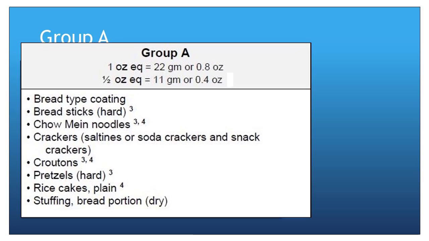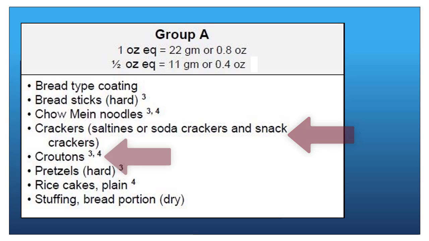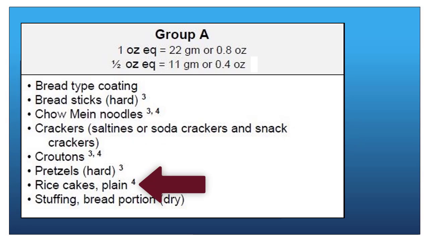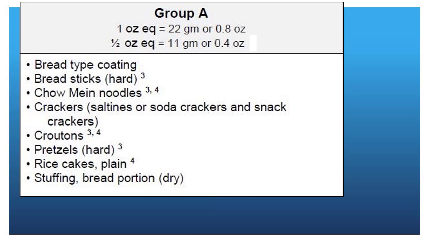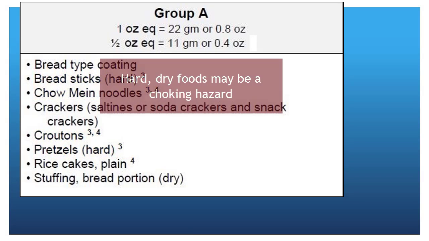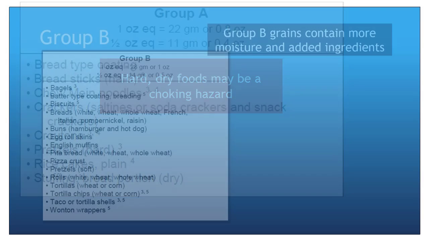The foods in this group include bread-type coating, hard breadsticks, chow mein noodles, saltine, soda and snack crackers, croutons, hard pretzels, plain rice cakes, and the bread portion of dry stuffing. Many of these items have footnote 3, which states that hard, dry foods may be a choking hazard.